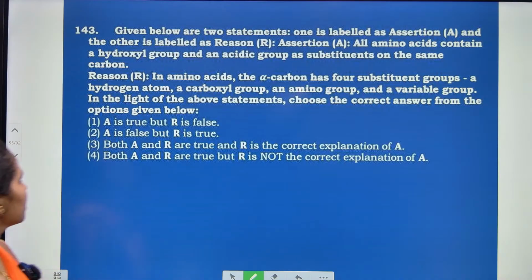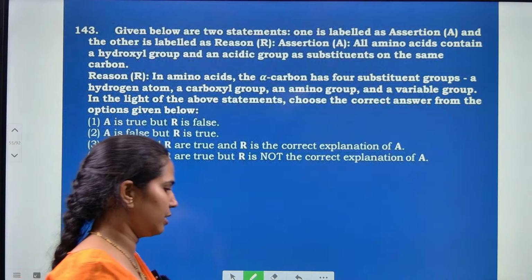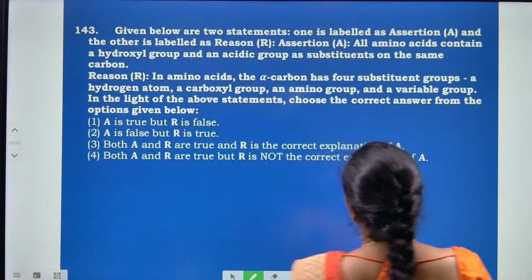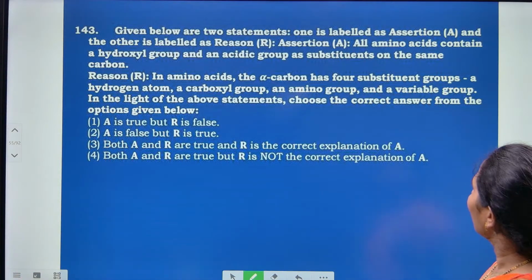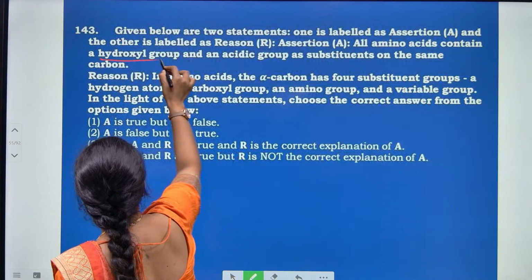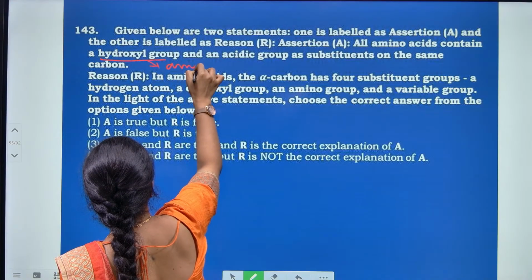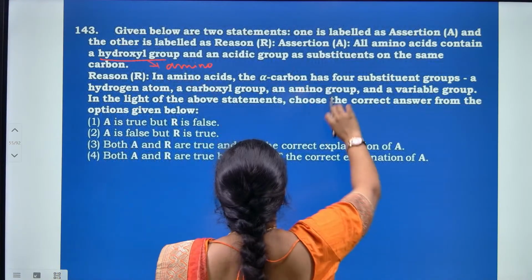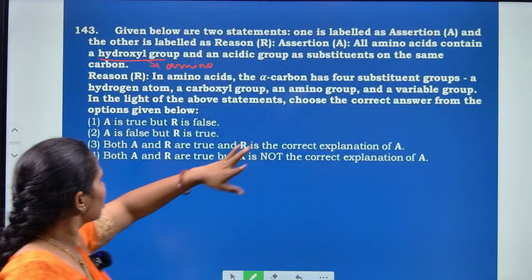The next one: given are two statements, one is labeled as assertion and the other is the reason. All amino acids contain a hydroxyl group. No, it is not a hydroxyl group, it is an amino group here, and an acidic group substituent on the same carbon.